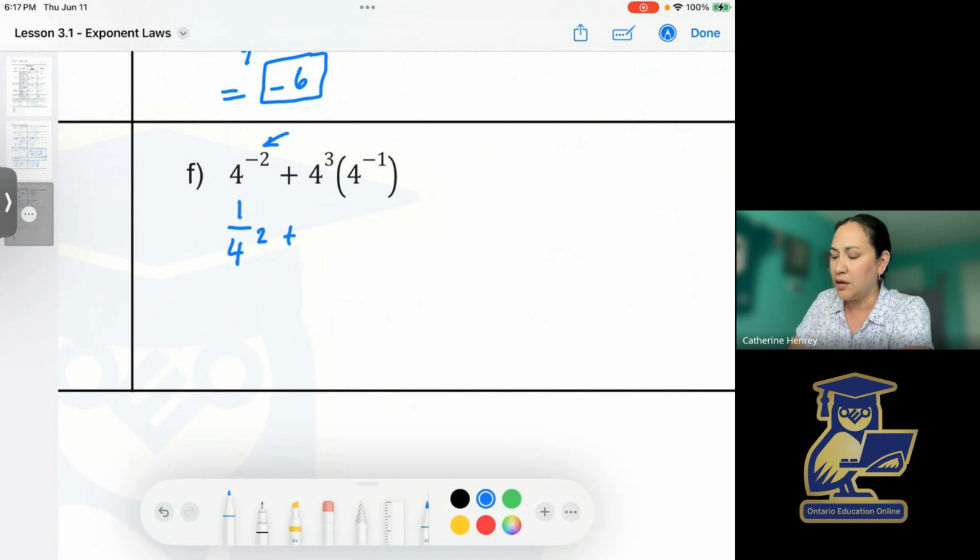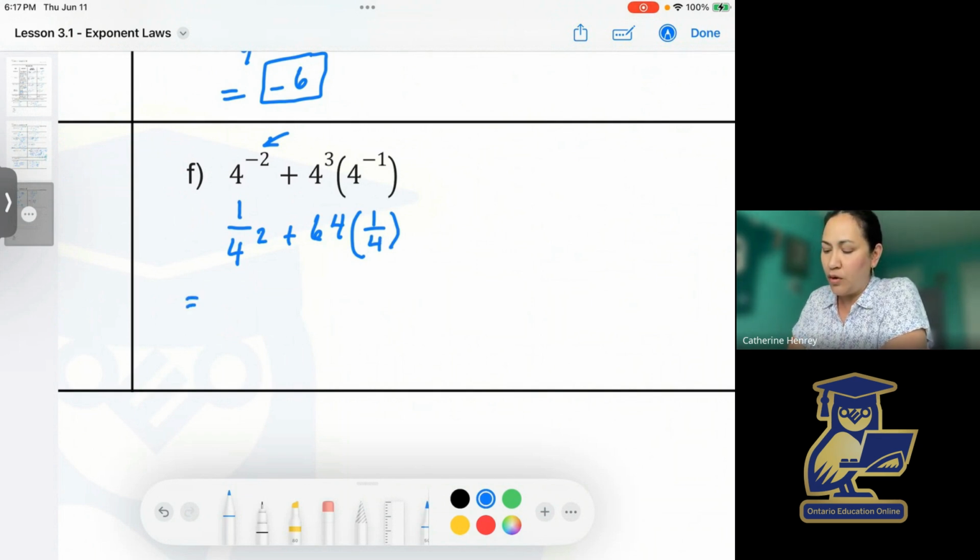Plus 4 to the power of 3, well, there's nothing really to simplify there other than to evaluate that, so that is 64. But we're going to multiply that by 4 to the power of -1, which again, to make that -1 a positive exponent, we take the reciprocal of 4, which is 1/4. And we simplify. So we have 1/4 squared. That really gives us 1/16.